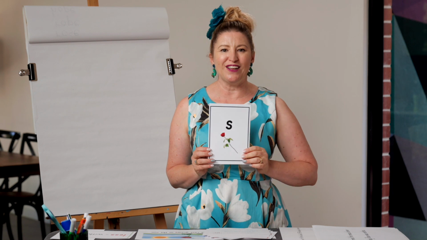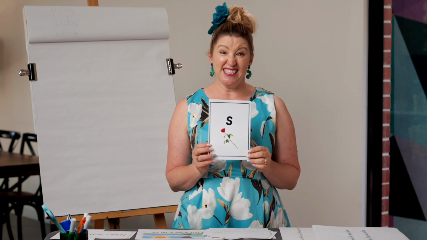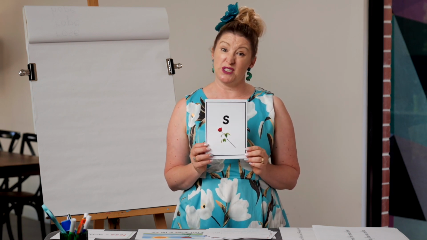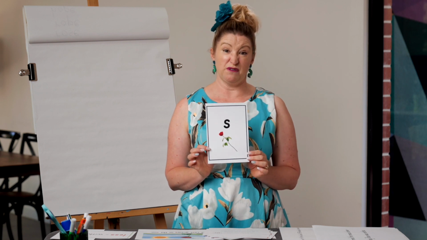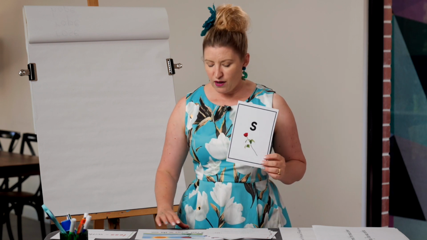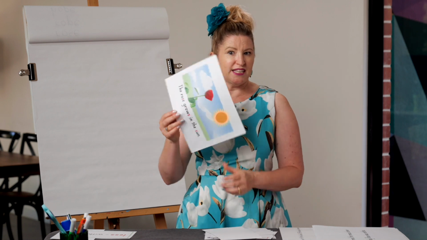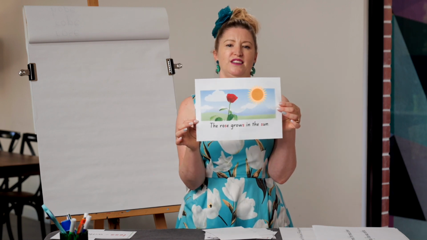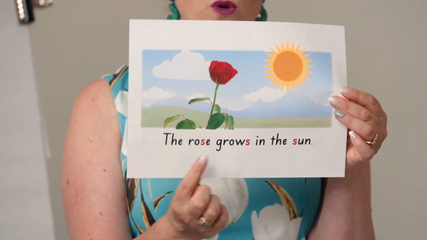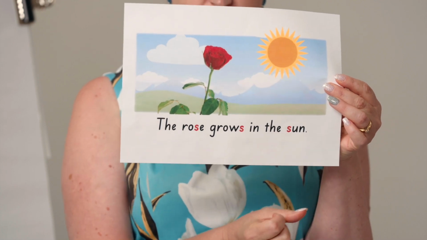So we have been learning that the grapheme S can make the phoneme Z in words. And that's our learning intention for today. We had a little memory hook sentence as well. Does this look familiar? The rose grows in the sun.